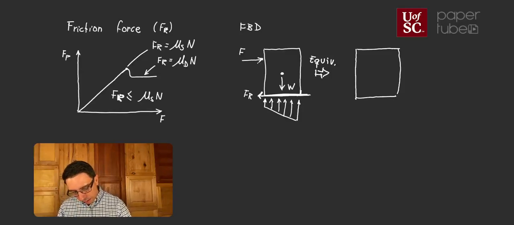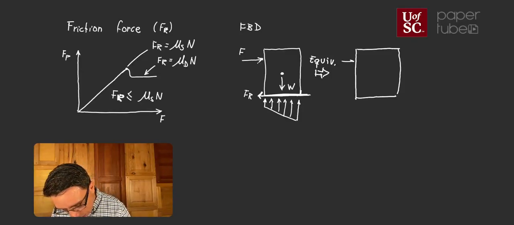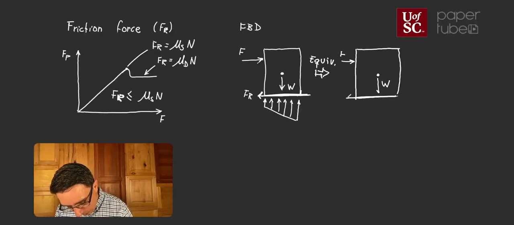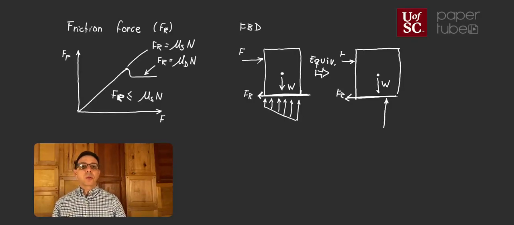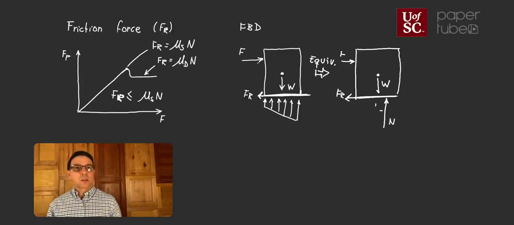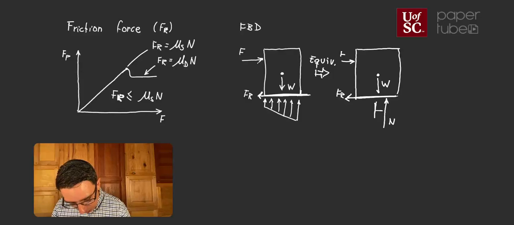We're going to have my force pushing on the box, my weight, my friction force, and now my normal force, but because it's in the center of that shape, it's going to be a little bit towards the right, and that distance might not be known.